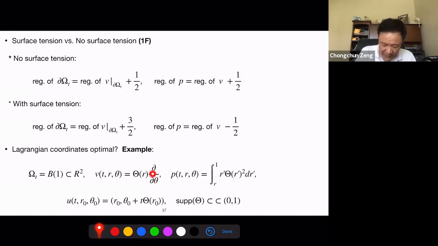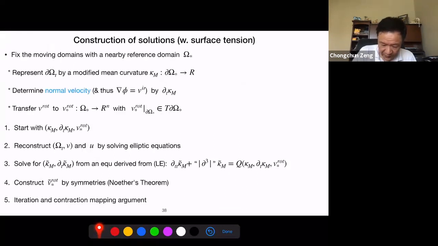Here the Lagrangian coordinates are not much better than the velocity field. So finally, a few words: everything I talked about was the estimate.